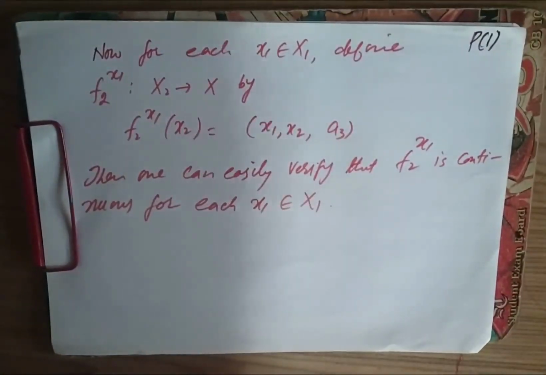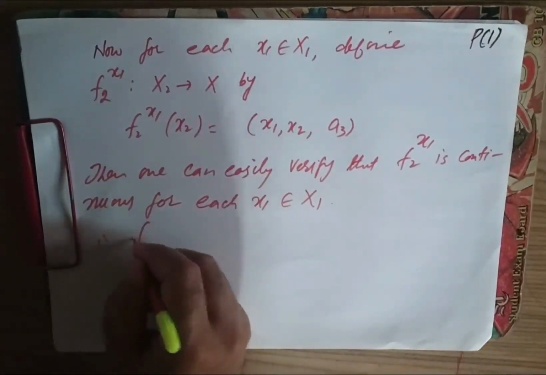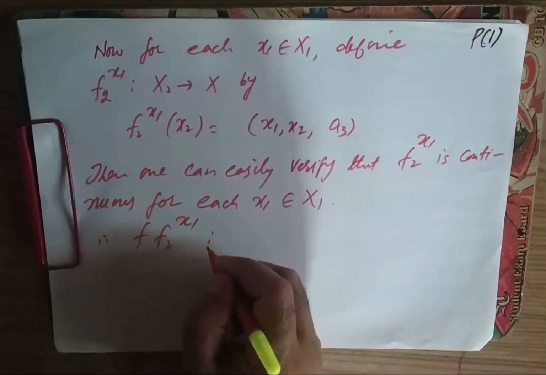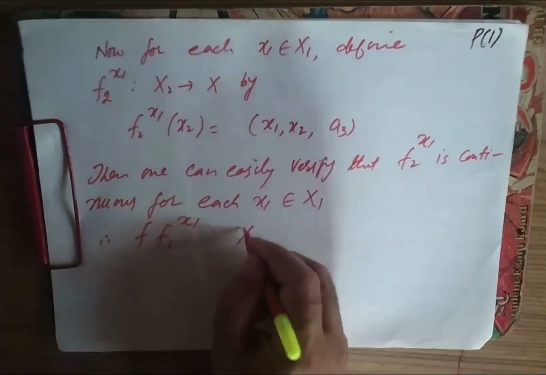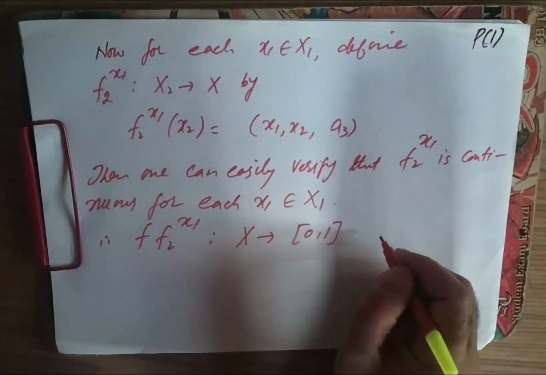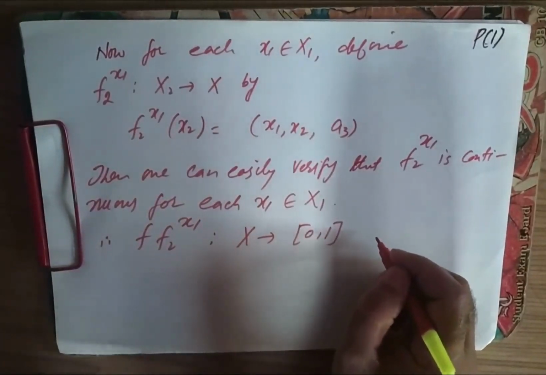So therefore the composition f∘f2 x1, a composition mapping from X2 to the interval {0,1}, is also continuous.